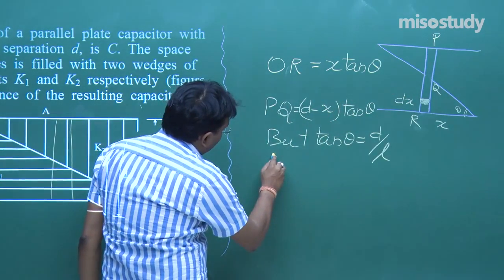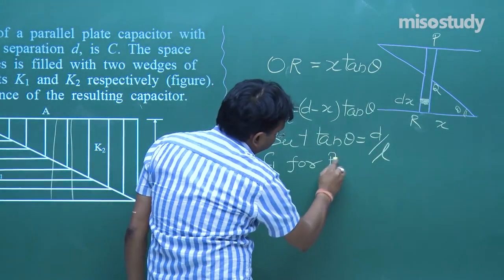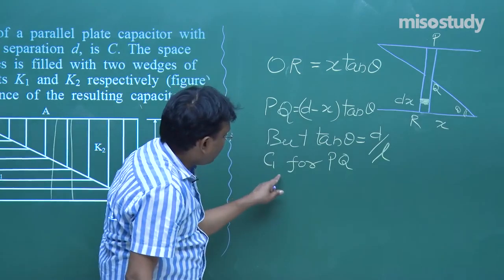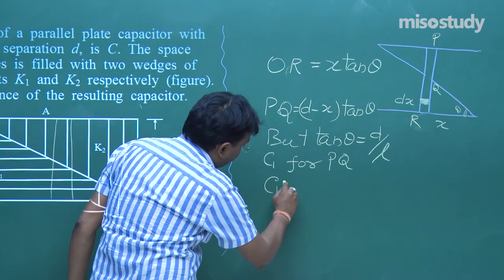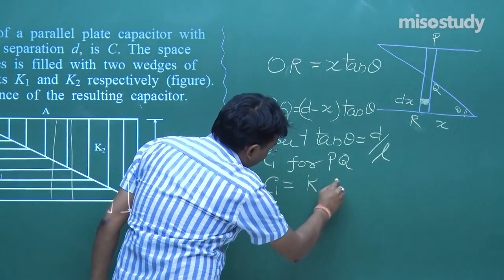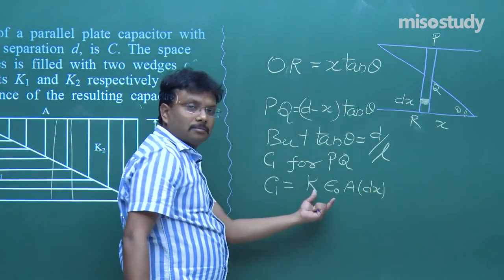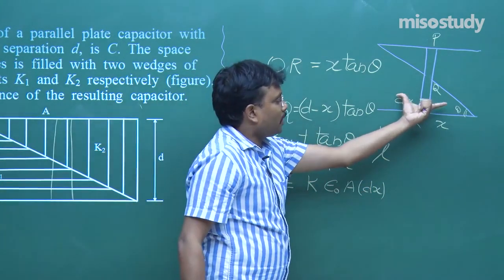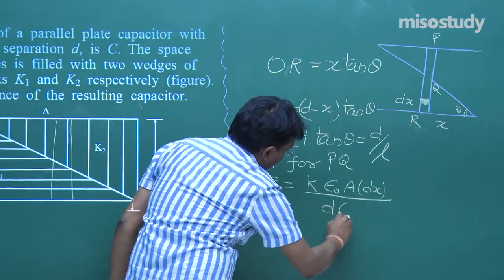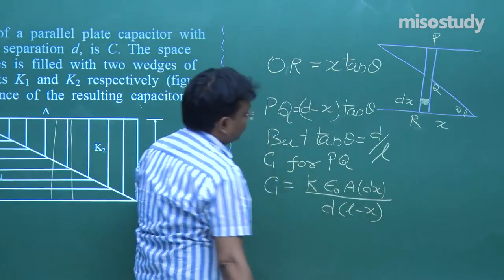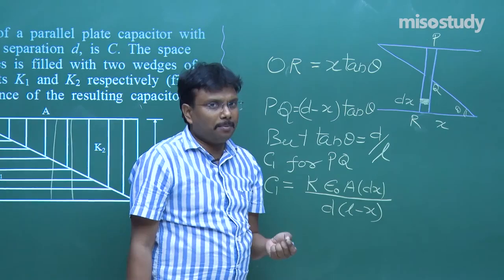So C1 for PQ: the final expression for C1 is K1 epsilon naught A dx upon (d minus x tan theta). We have to expand the thickness, so to get this expression you have to work up to some extent, with d minus x d by L.